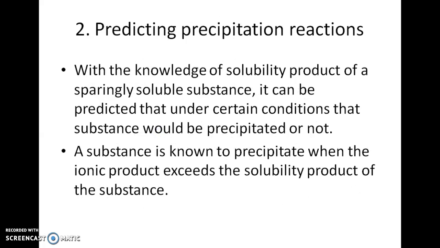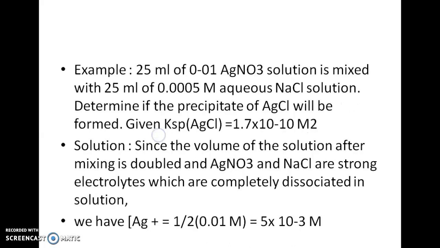In the second application, it is predicting precipitation reaction. With the knowledge of the solubility product of a sparingly soluble salt, it can be predicted under what condition the substance could be precipitated out or not. A substance is known to precipitate when the ionic product exceeds the solubility product of the substance.